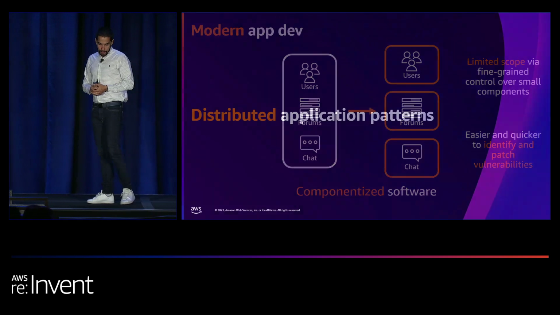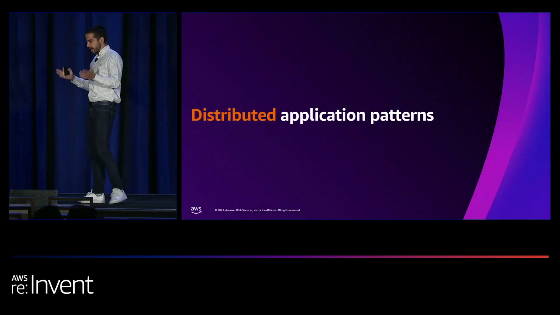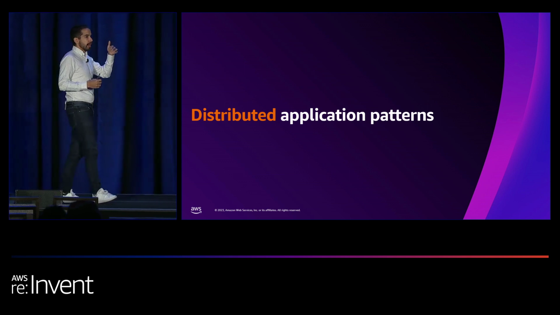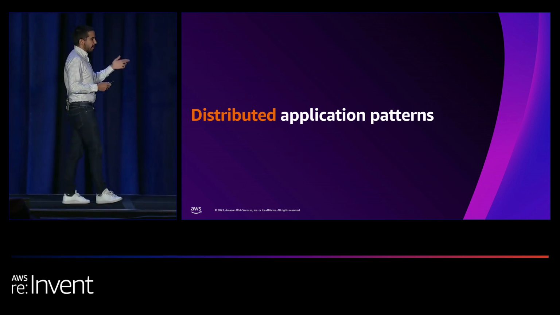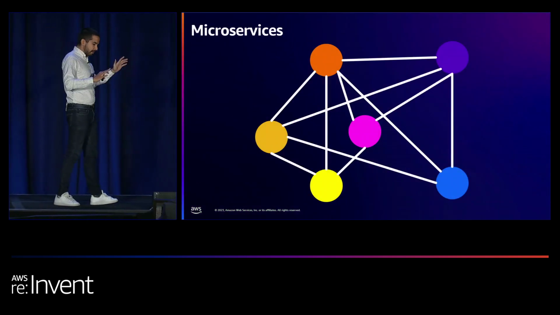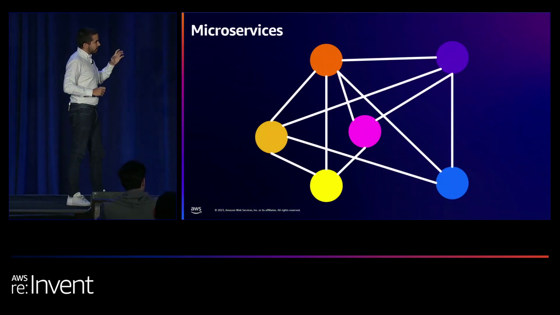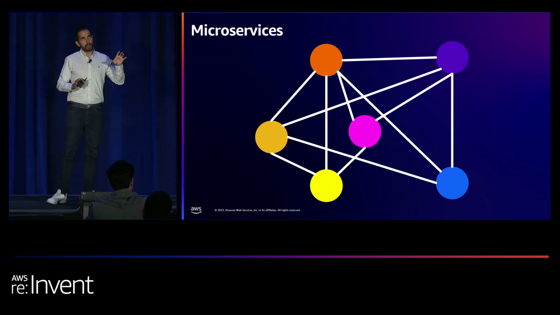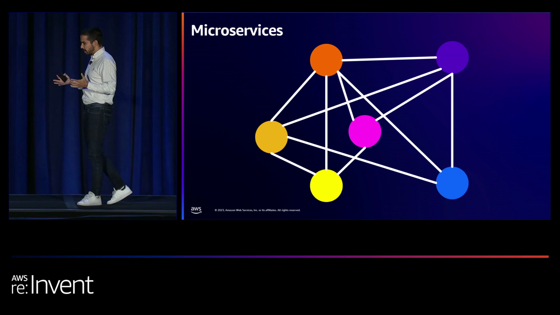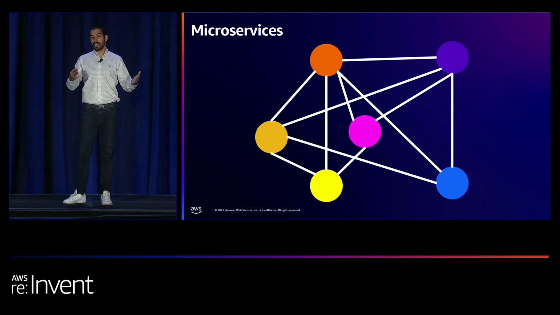And so when you want to architect for componentized software, it naturally is going to lead you to distributed applications and very often microservices. So I'm going to very quickly talk about microservices. We see this as not only a way of architecting your applications, but also as an organizational approach.